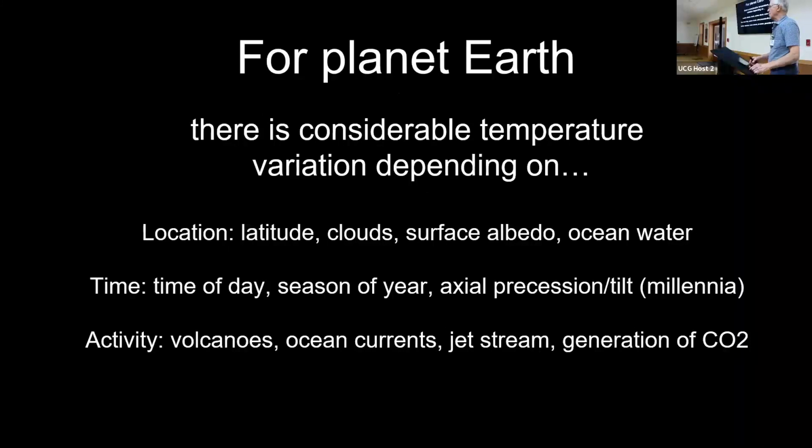Now, it's kind of hard to measure how these greenhouse gases affect our temperature because there's so much variation on planet Earth. First, there's variation according to location, primarily latitude. How far north or south of the equator are you? The surface albedo. Albedo is the reflection capacity of a surface.